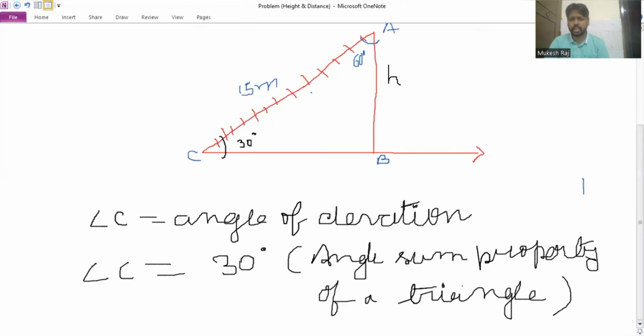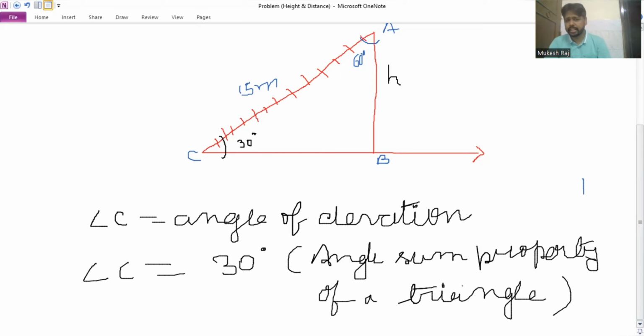So rather than using tan 30, what would be the probable trigonometric ratio that we can use to get the result? Either you can use cos 60 or sine 30 value. That would be helpful for us to find the value.